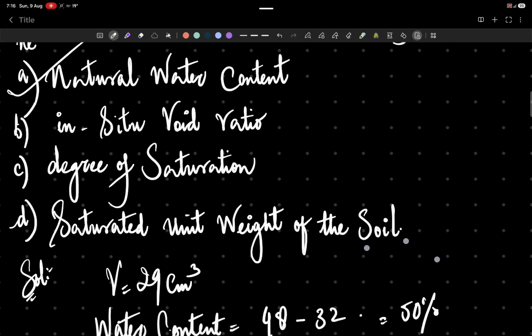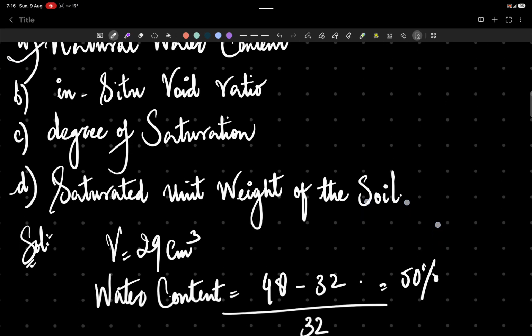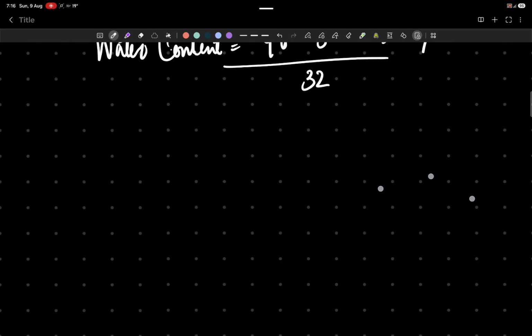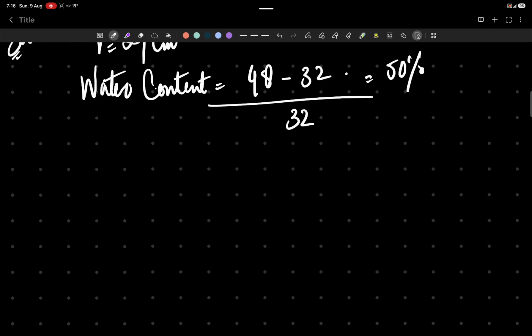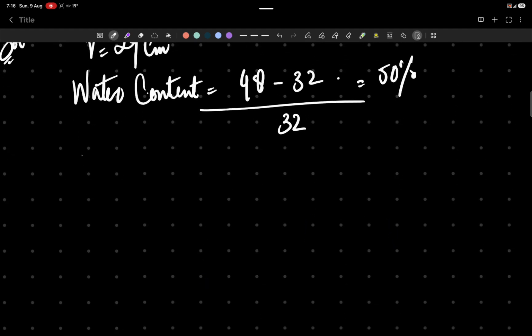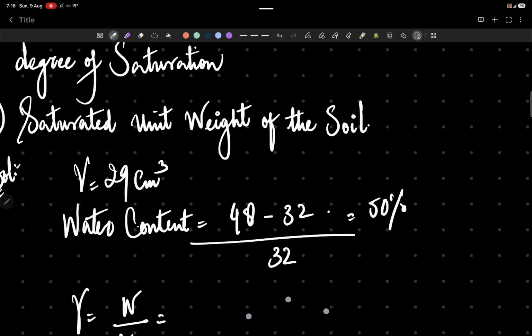Now we have to find the in situ void ratio. All right. For that, let me find the bulk unit weight first. Bulk unit weight is weight by volume. What is the weight in the bulk or the natural state?